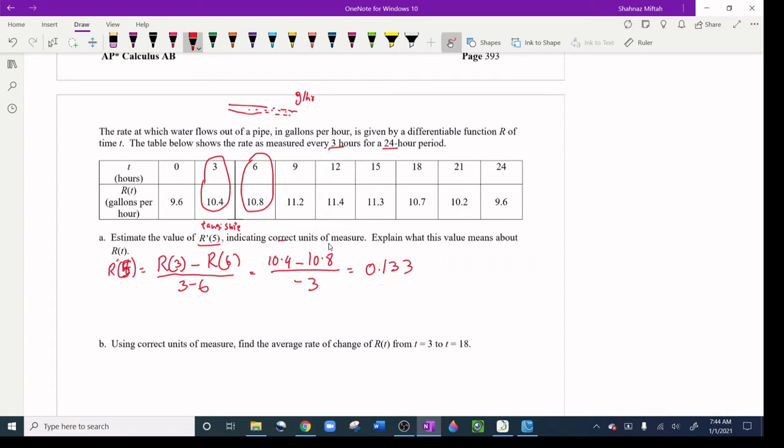And also use correct units of measure, explain what this value means about R. So this is the value that's positive, so it means, since R prime is a slope, remember the wording, the rate at which water flows out of the pipe is increasing, because we have to use the context from the question.